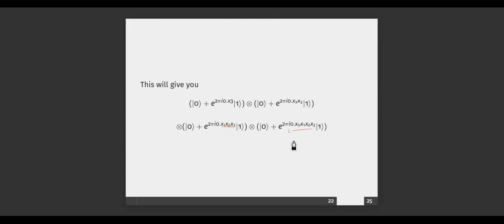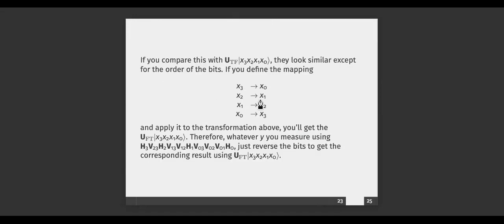Basically the next slide is just telling you that the result of applying the Fourier transform on this state vector is the same as applying this series of transformations, except that the order of the bits is reversed.